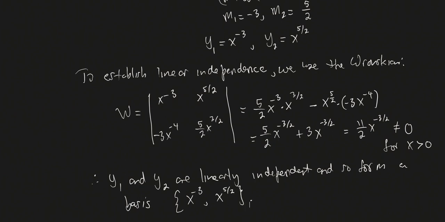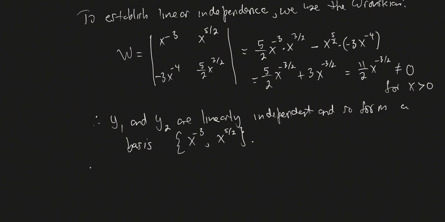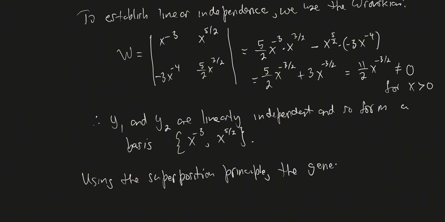So now we use the superposition principle. Using the superposition principle, the general solution is y equals c1 times x to the negative 3 plus c2 x to the 5 halves.